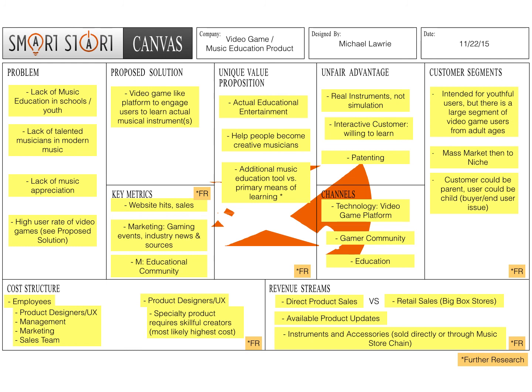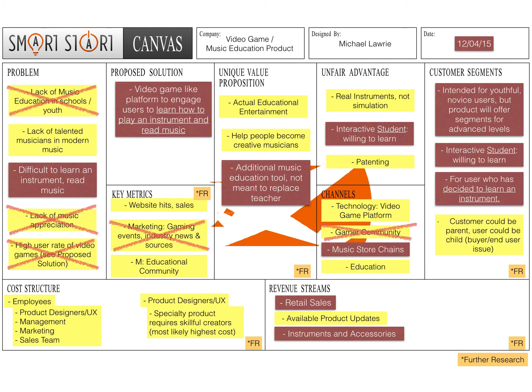That modified the proposed solution. Also, my customer segments changed, and I did a little bit more work with revenue streams. The next screen is my modified canvas. On this canvas, you can tell I did a lot of things differently, made it a little bit more clear, and picked a direction that was more suitable.